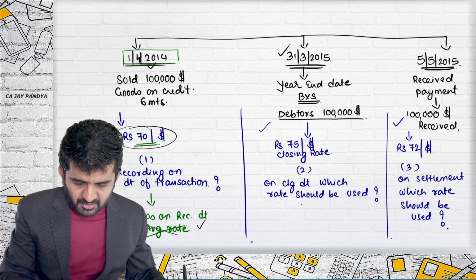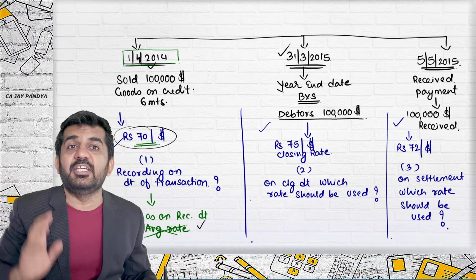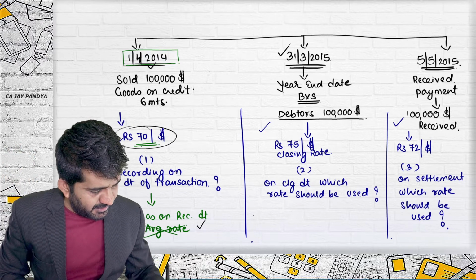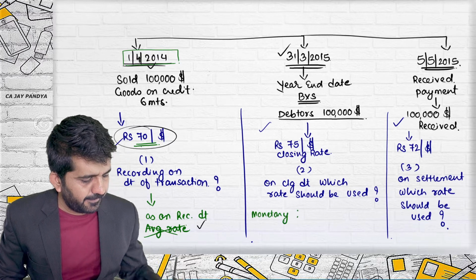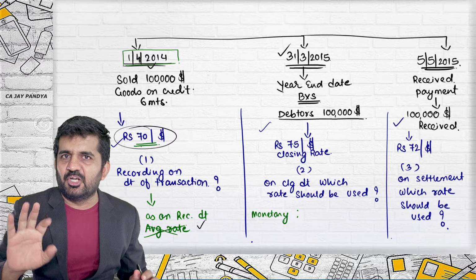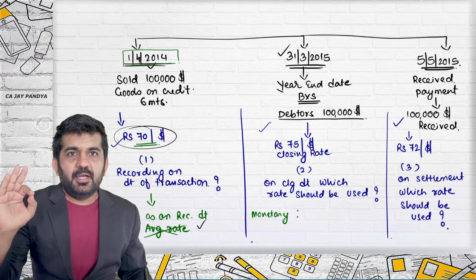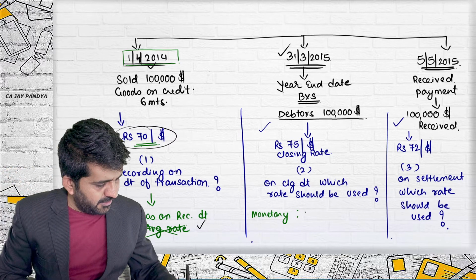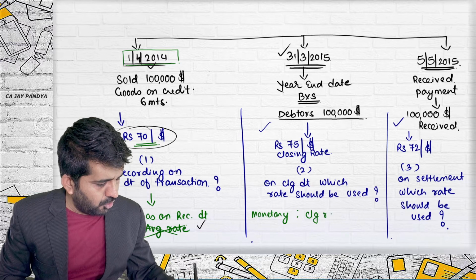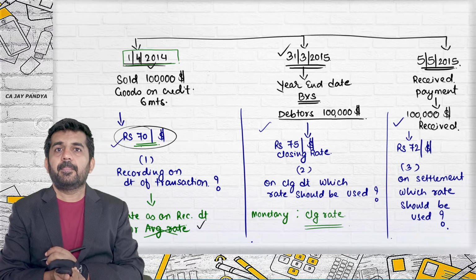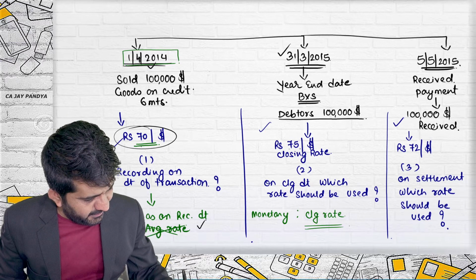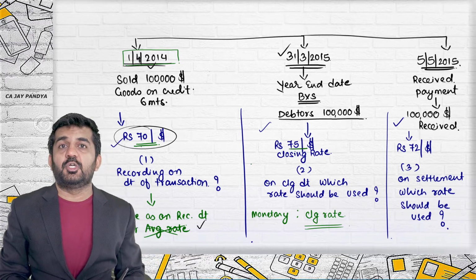We will be learning. AS 11 will teach us. Debtor is a monetary item. We have not yet learned it, so don't get confused. Debtor is a monetary item which should be recorded at the closing rate. Which is the closing rate? 75 rupees per dollar.